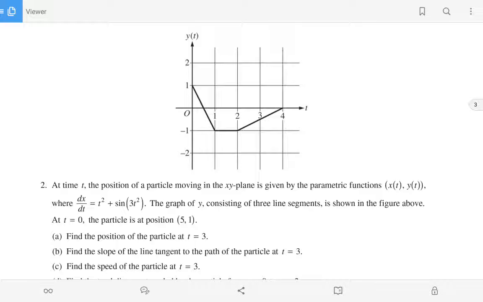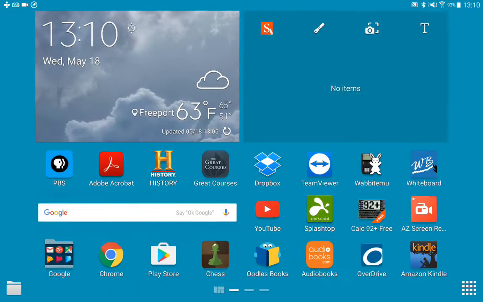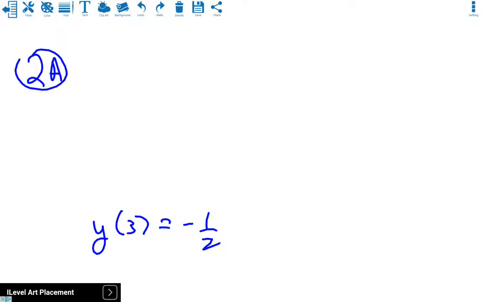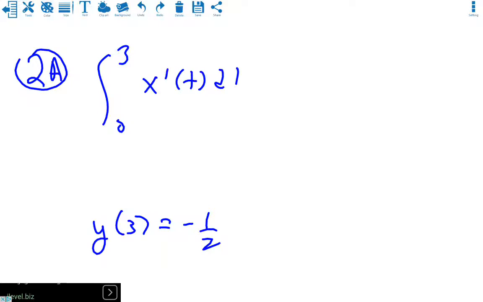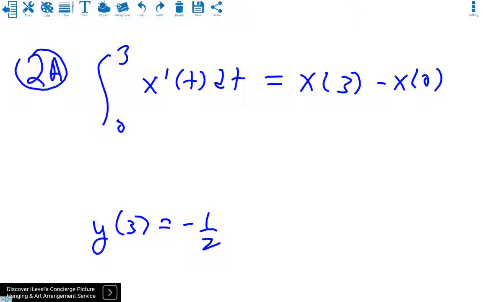Aha, that's it. So I'm going to say that the integral from 0 to 3 of x prime of t dt is going to be x of 3 minus x of 0 by the fundamental theorem of calculus, right?